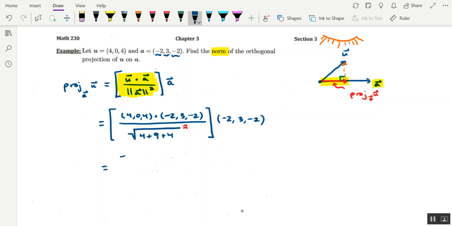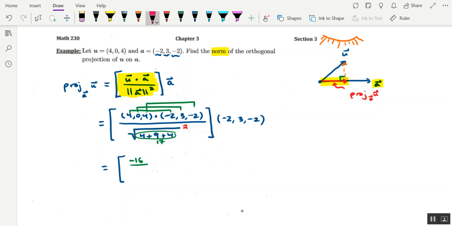Now simplifying this down, the numerator, if we form the dot product, is -8 plus 0 plus -8. That's going to give us -16. Down here, 4 plus 9 plus 4 is 17.